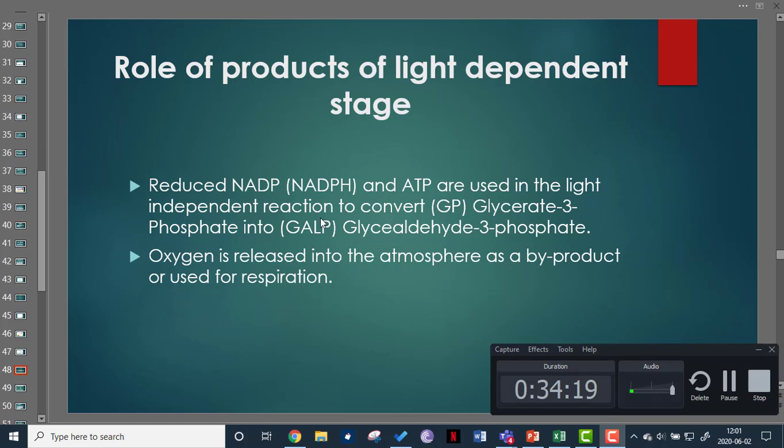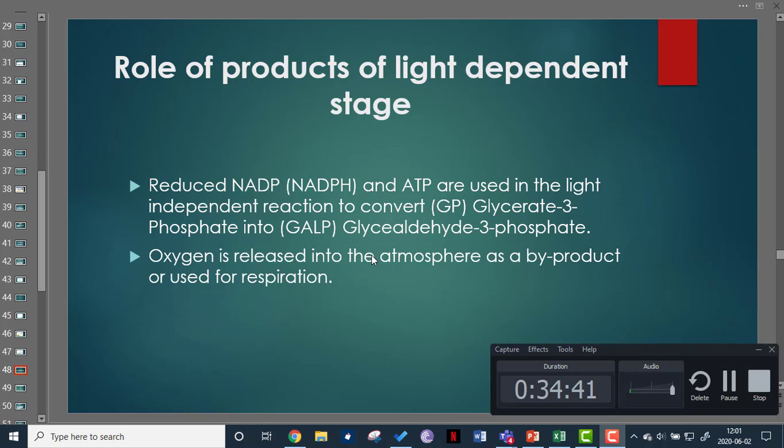Those sugars are now used in the formation of biological macromolecules like carbohydrates, lipids, proteins. You'll see how that occurs in our next sessions.